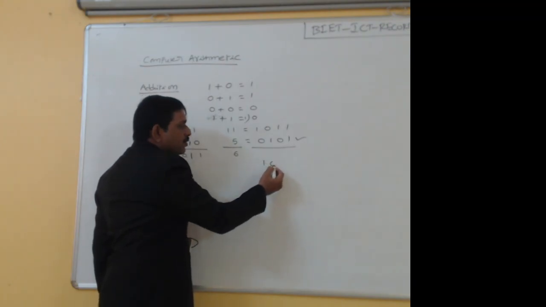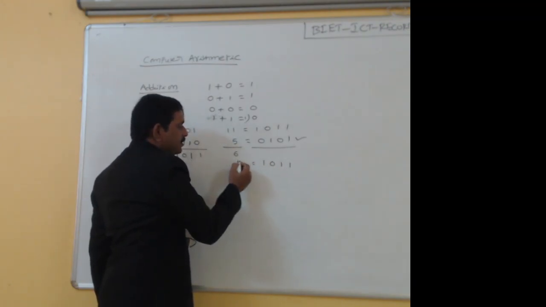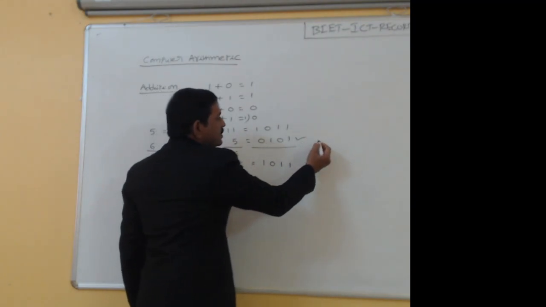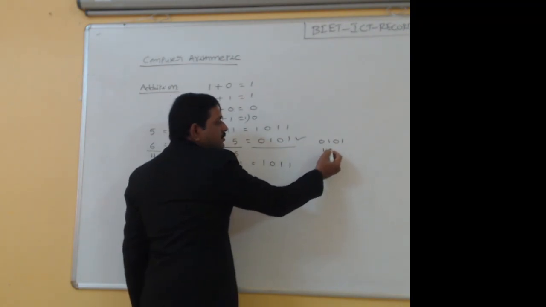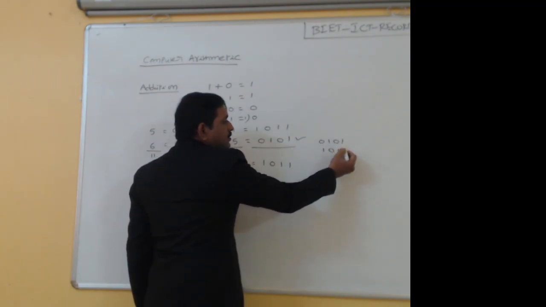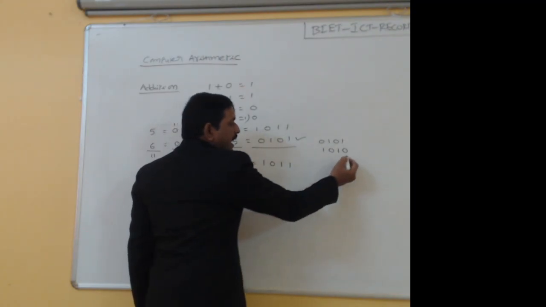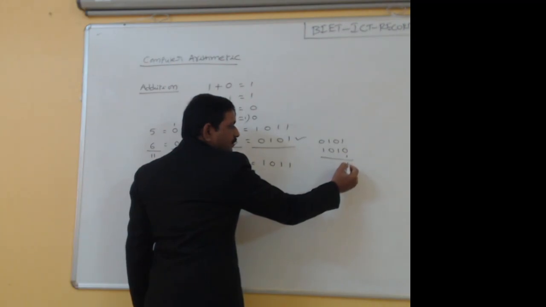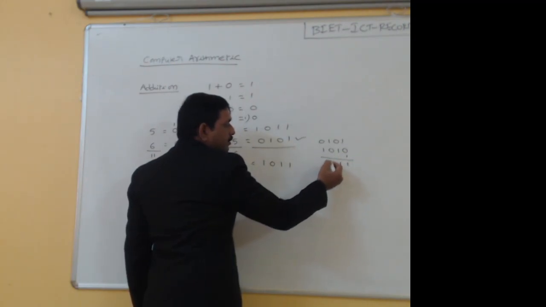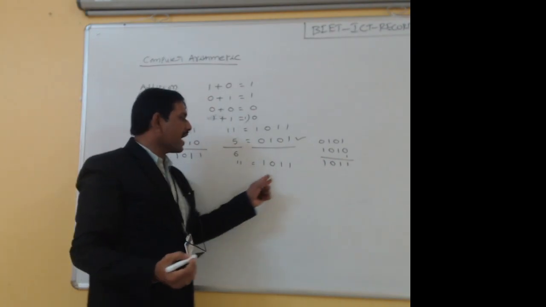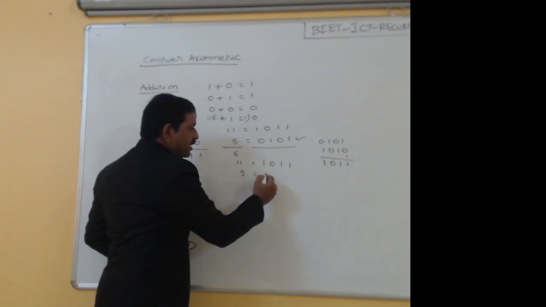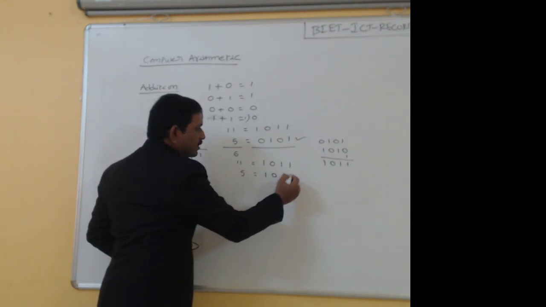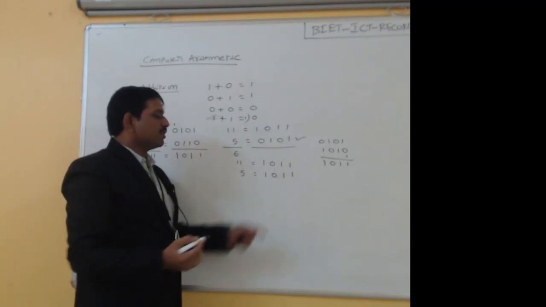The 1's complement of 0101 is 1010. By adding 1 to the 1's complement, we get 1011. Then this value can be added to 11.